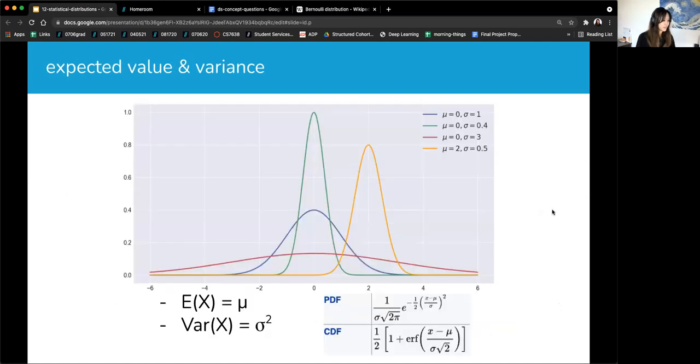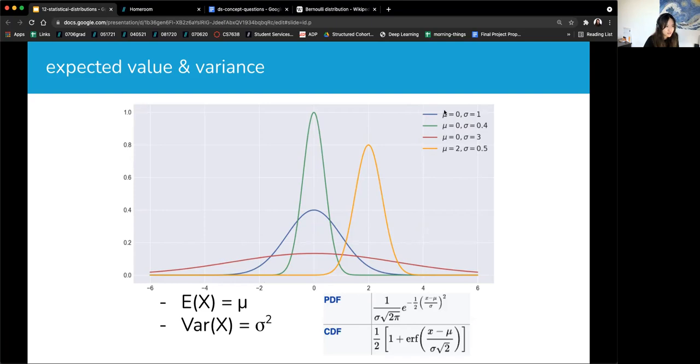All right. So as I mentioned, normal distributions can take on many different shapes and sizes. All of these are different forms of normal distributions. Let's take a look at these and break them down. We have this blue, green, and red. They're all centered around 0, meaning that their means are all 0.